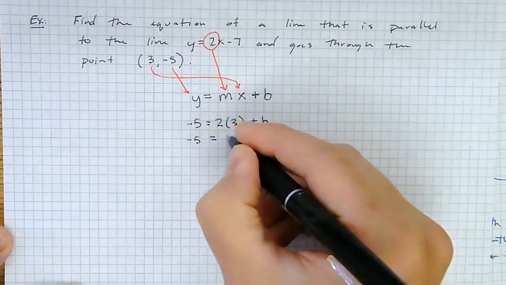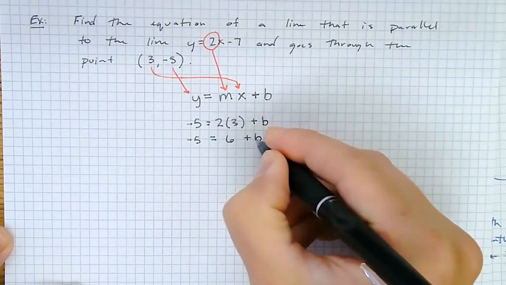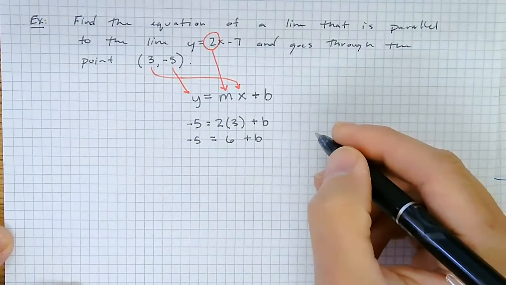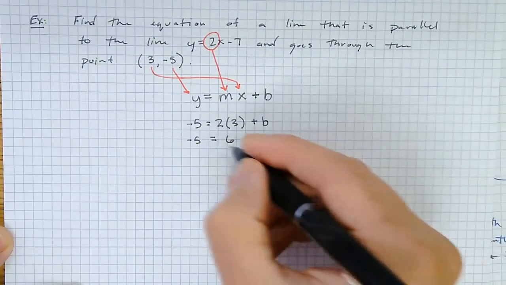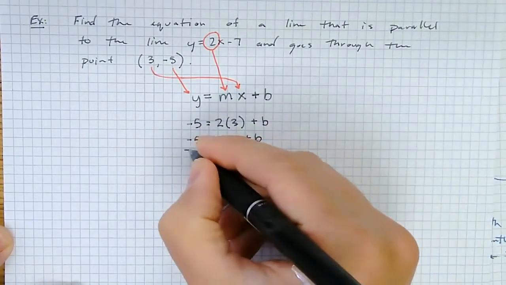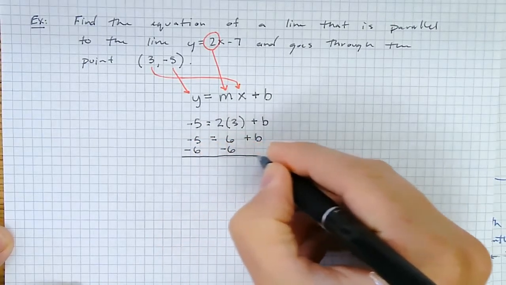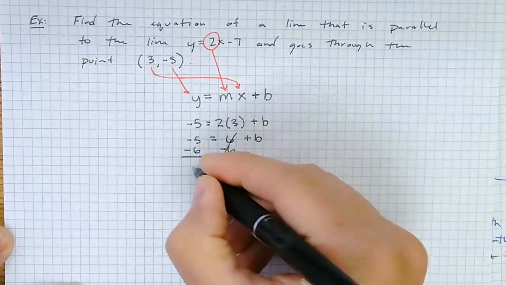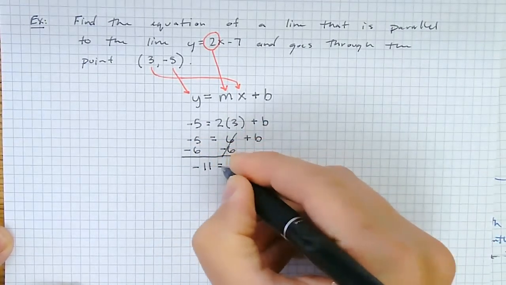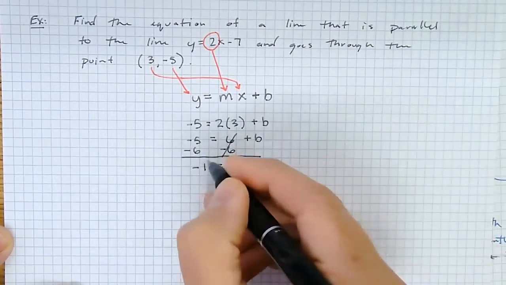So we get negative 5 equals 6 plus b. Subtract 6 from both sides. Now we have our b value of negative 11.